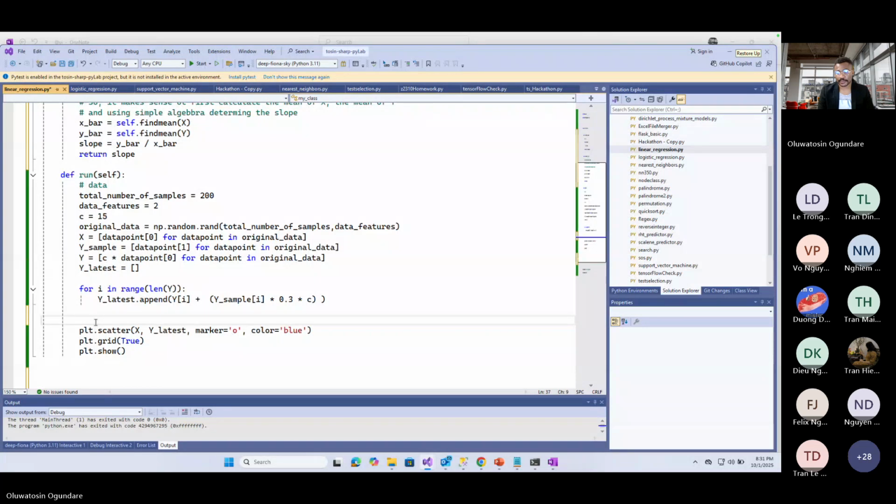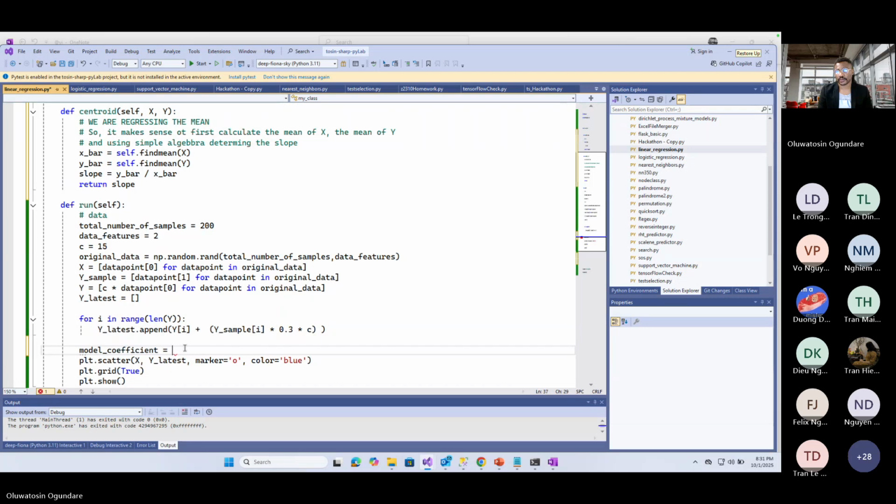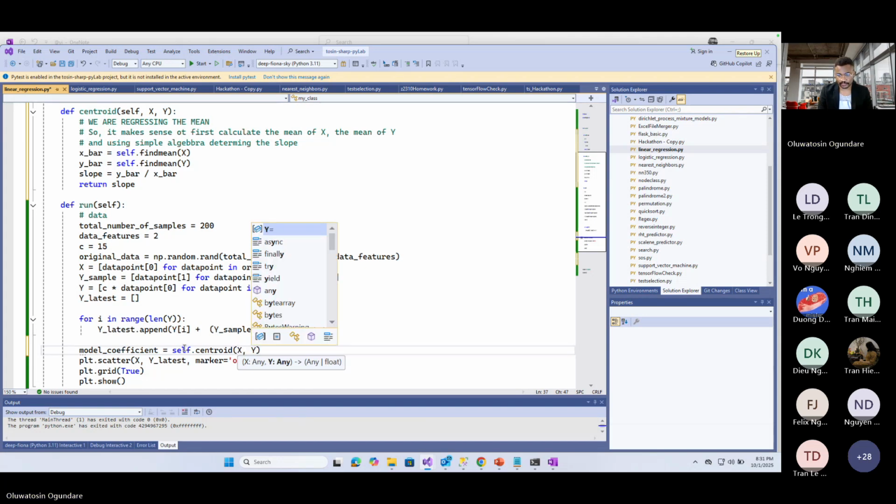And we need coefficients. The model coefficient will be self.centroid. We pass in our x and y latest.